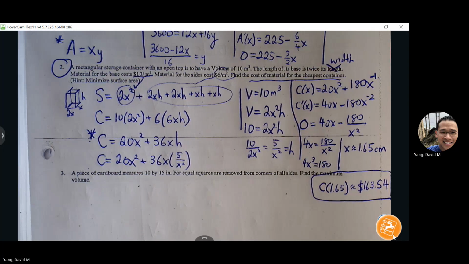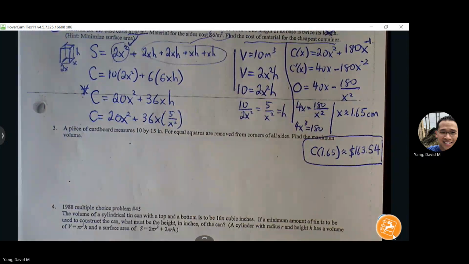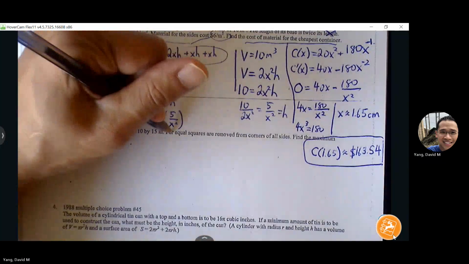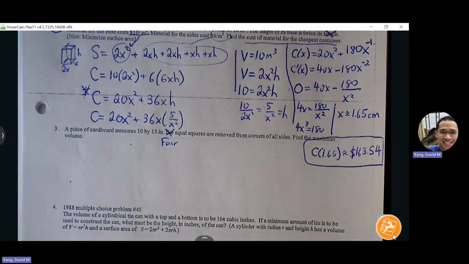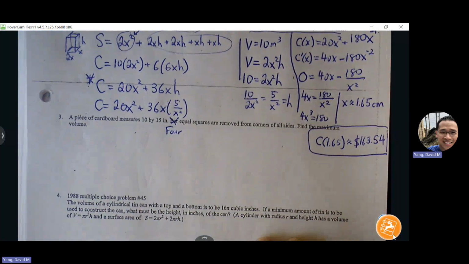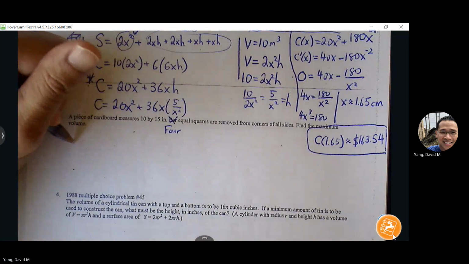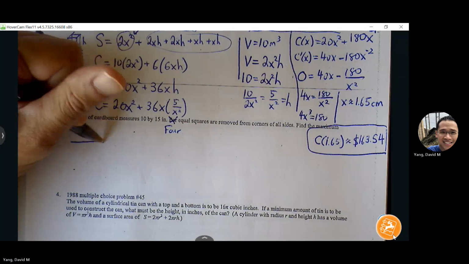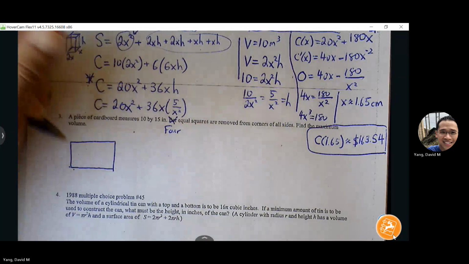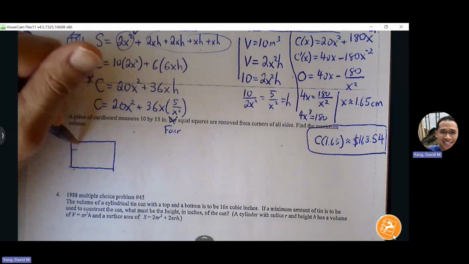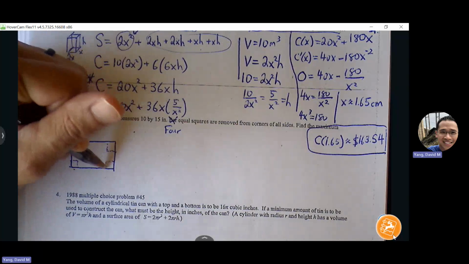Okay. Let's try one more here. This is number 3. This is a cardboard. Four equal squares are removed from the corners of all sides. Find the maximum volume. So imagine you have 4 corners that are cut out.